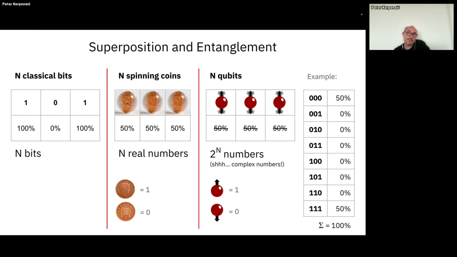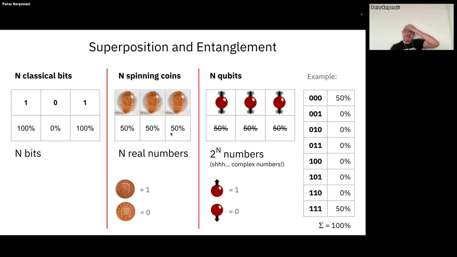So if we stop the first coin as a head, the second coin can be either head or tail. It doesn't depend at all on the first coin, and the same is with the third coin. So probabilities of spinning coins on the table are not related to each other, and this is why it is enough to have only 3 real numbers to express the probability of finding head or tail for these 3 coins.